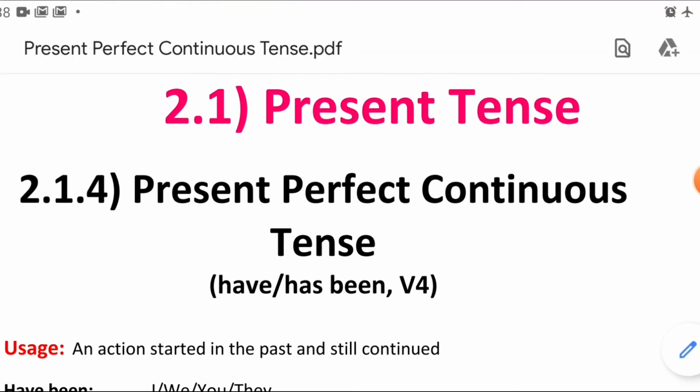For example, the actions like living or working start in the past and then they continue for some time. Okay, so those actions are generally used in present perfect continuous tense.